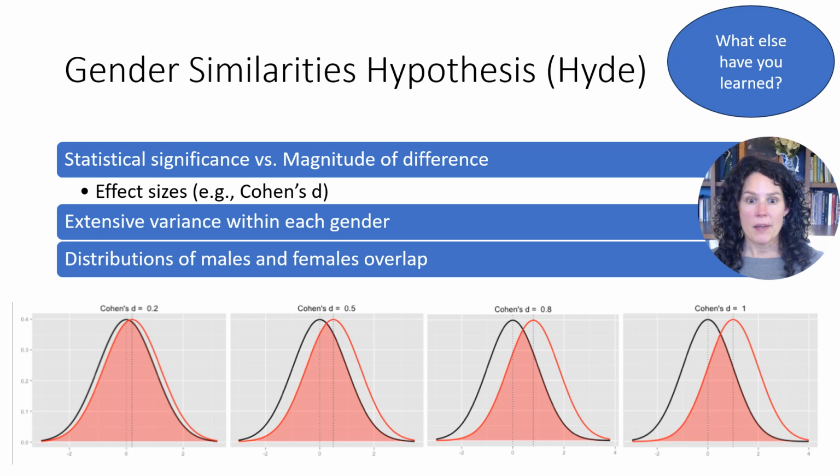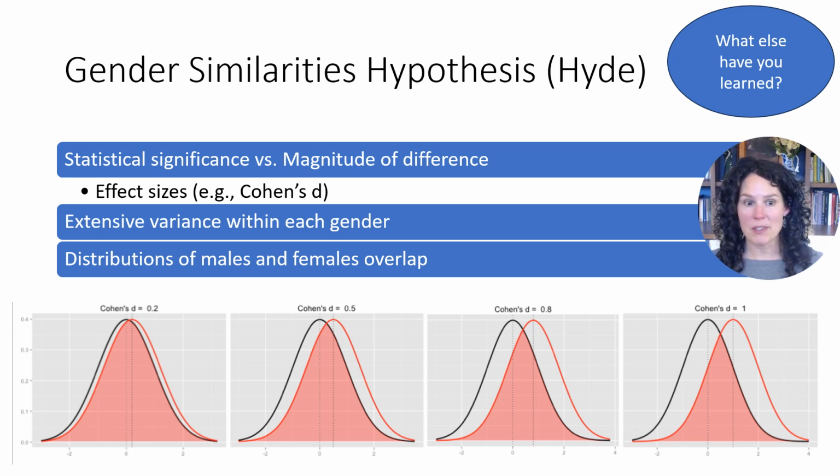And so this can be used to study differences in anything, but it can also be used to study gender differences. And so what we can just take from this is there's a whole curve for males and females here, two curves, right? And so there's a lot of variation within males and within females, right?